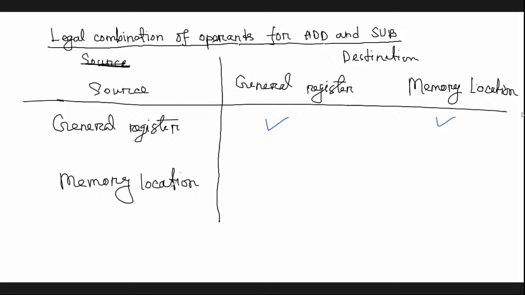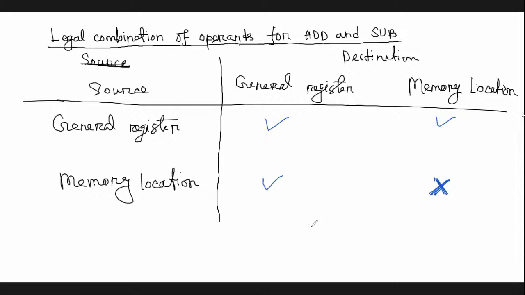If the source is a memory location and the destination a general register, that is also okay. But when both source and destination are memory locations, that is illegal. Sir, memory to memory is not supported. Yeah, illegal.